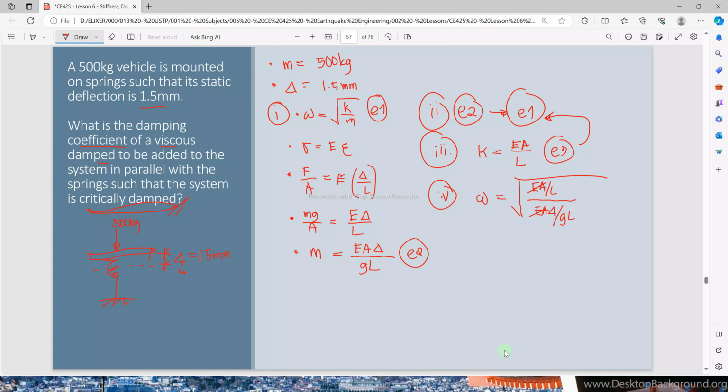So A and L cancel out. So we are left with natural frequency equal to the square root of the gravitational acceleration over the displacement.